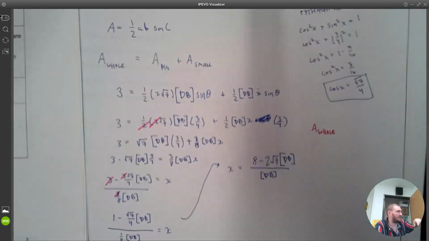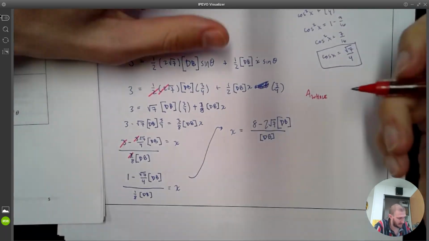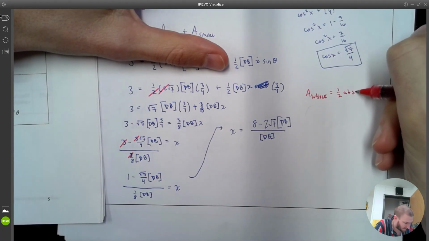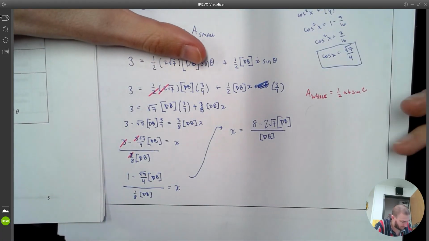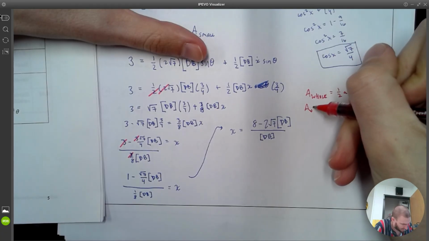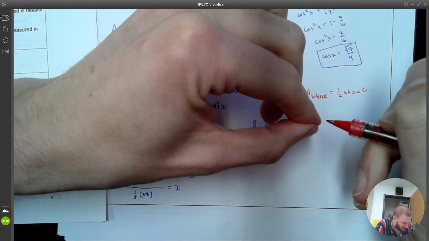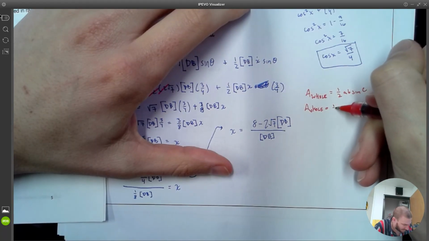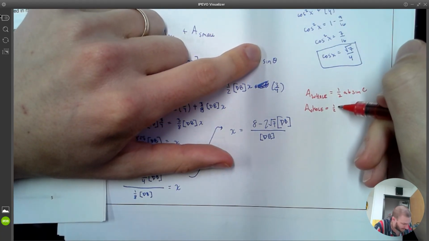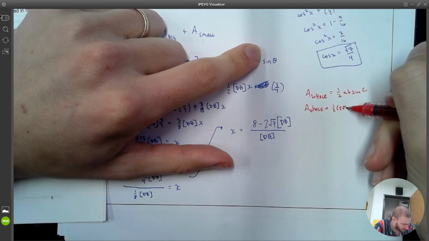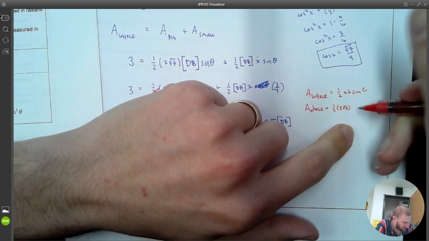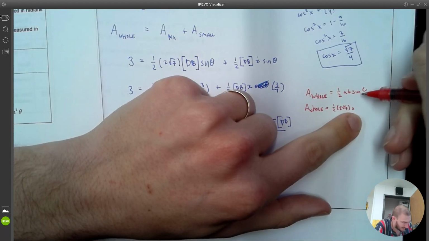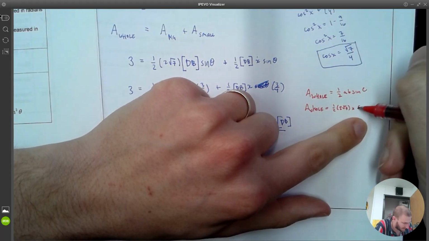The area of the whole thing is 1/2 AB sine C. The area of the whole thing is 1/2 A, 2 square root 7, B, x, and sine C, which is 2 theta.